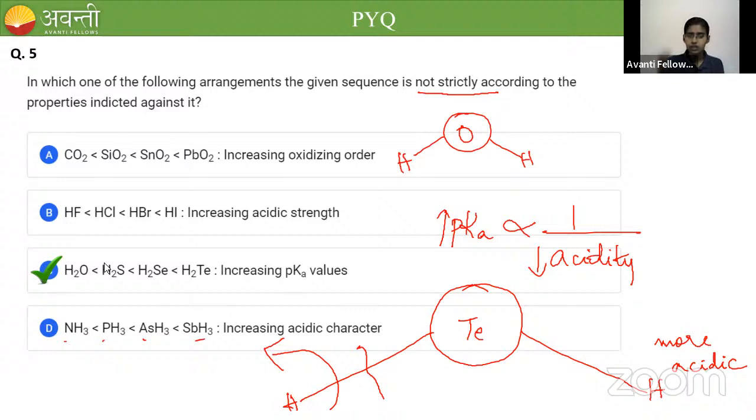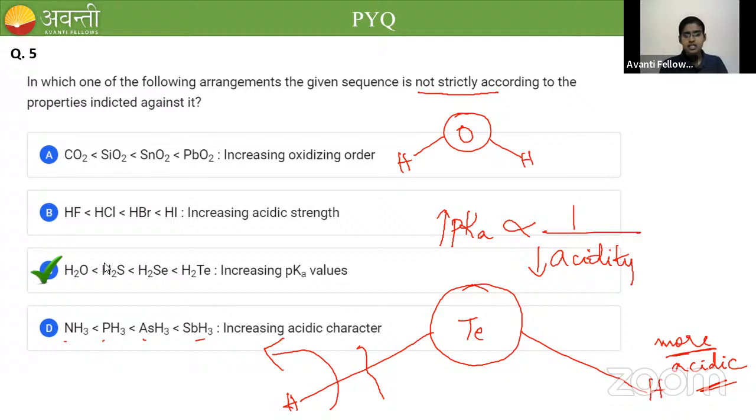Usually on moving down the group, the size of the atom increases, so the element-hydrogen bond can easily be broken and hydrogen can come out easily. So on moving down the group, acidity increases. The same concept I explained earlier will follow here also. So antimony hydride is more acidic, since it is the 4th member of its group, compared to arsenic hydride, PH3 and NH3. So that is the correct acidic character order.